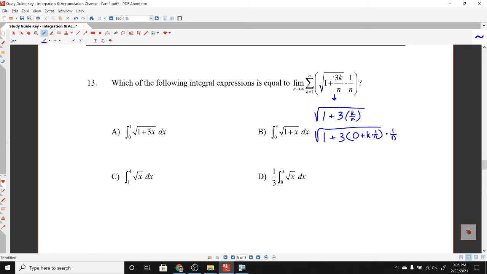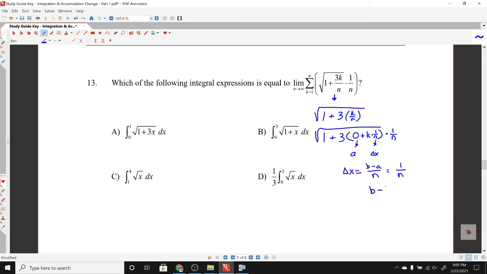That's the way that I did it, and I may put another video up showing that way, but for now we're going to look at it this way. So this is my a value, and this is my delta x value. So delta x equals b minus a over n, so that's 1 over n.